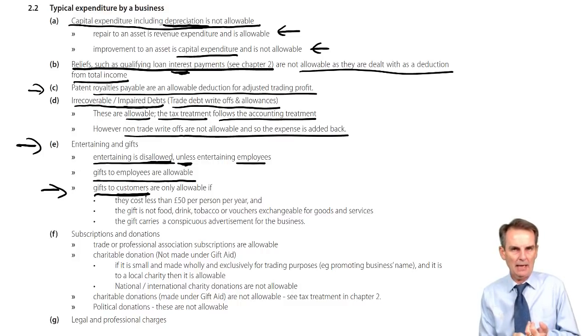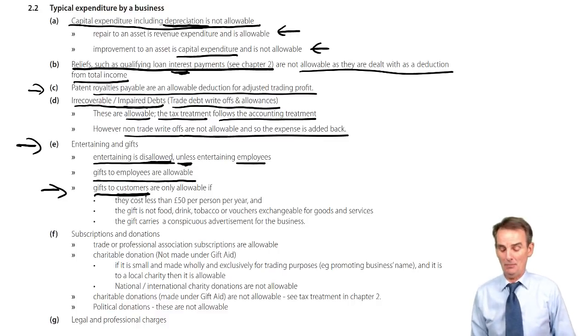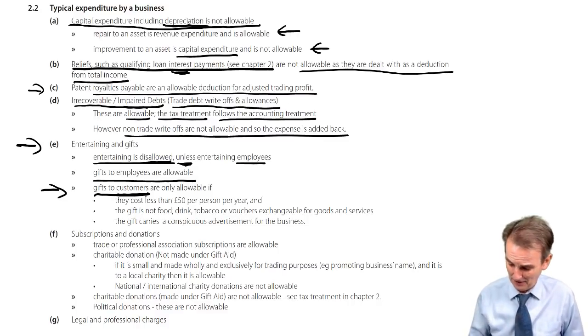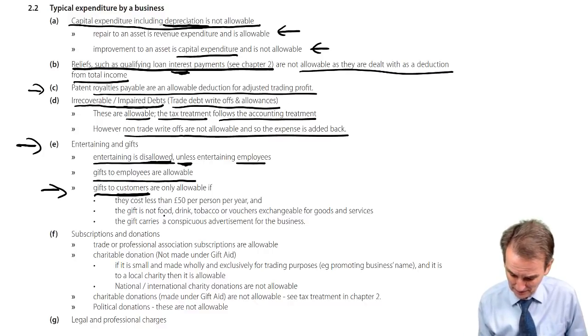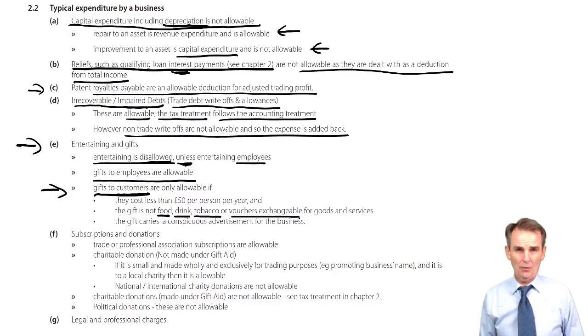represent a conspicuous advert for the business, but must not be, and they then take out probably all the things that your customers would most likely like to be gifted, because it must not be food, drink, tobacco products, or exchangeable vouchers there. Any of those are a no-no.